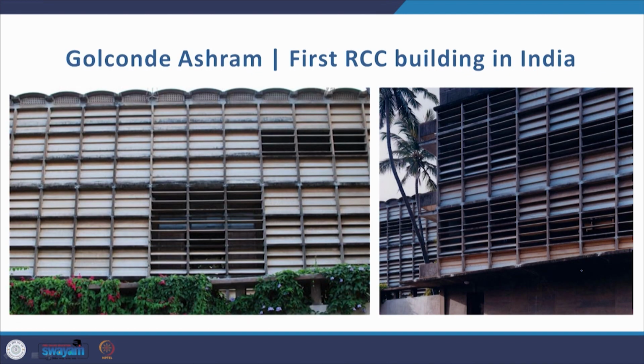Now, it was the first RCC building in India, in the sense that it was completely made in RCC frame. When I was talking about Walter George etc., there was RCC being used, but it was not a totally reinforced cement concrete building.